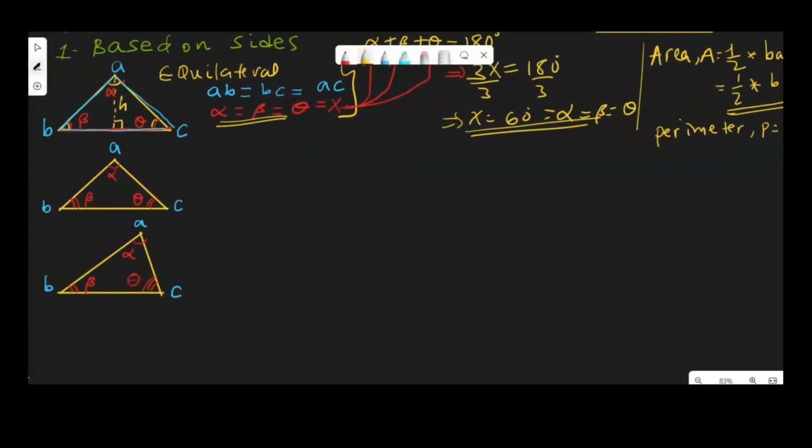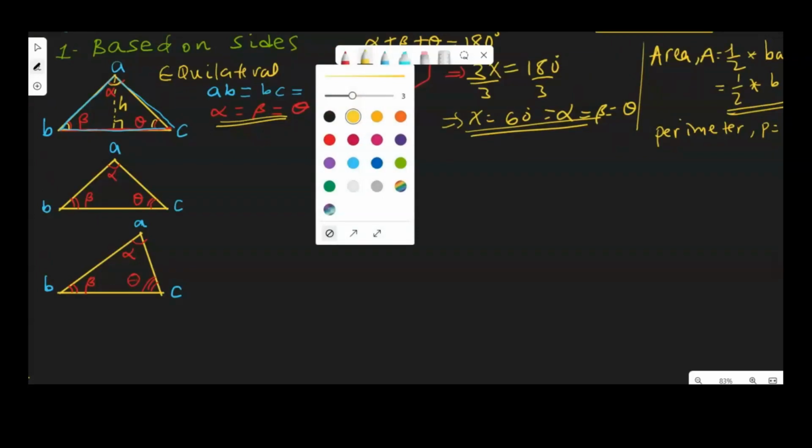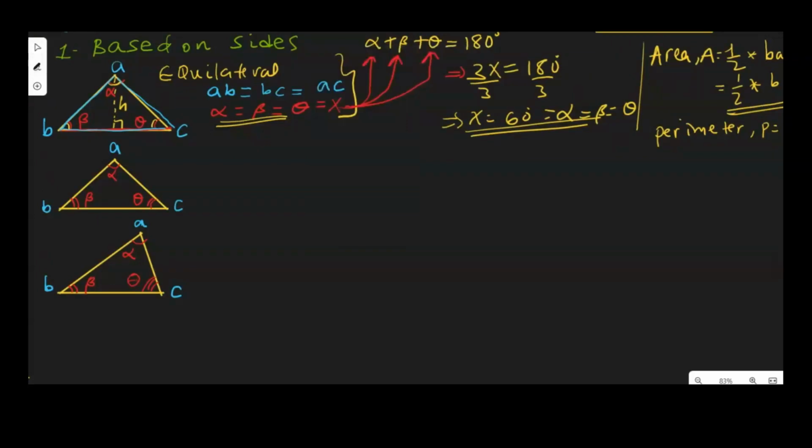Alright, the second type of triangle based on the sides of a triangle is the isosceles triangle. What is an isosceles triangle? An isosceles triangle is a triangle with two sides equal.